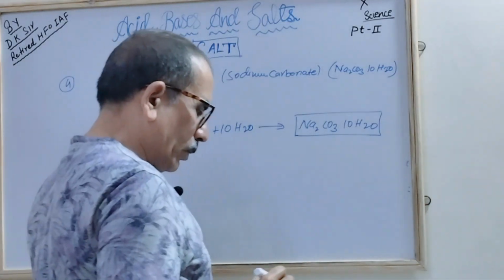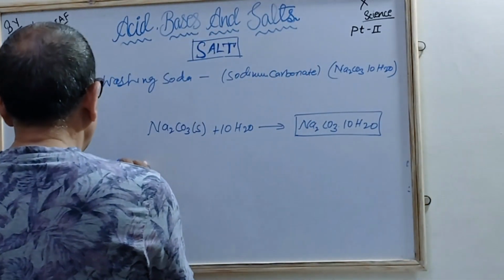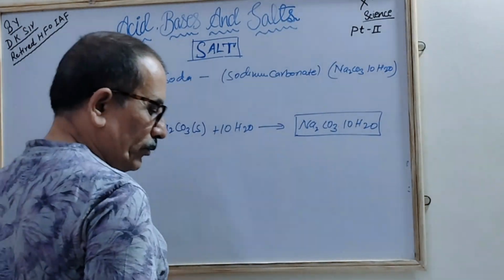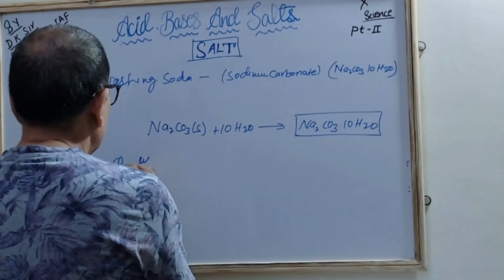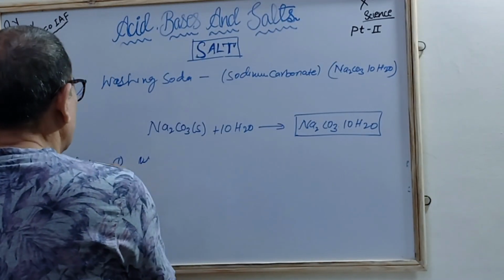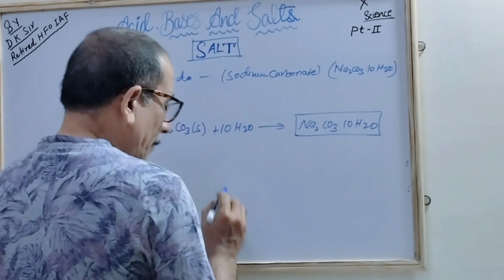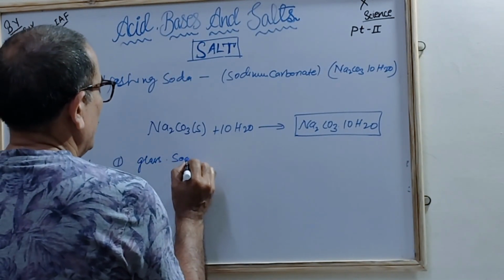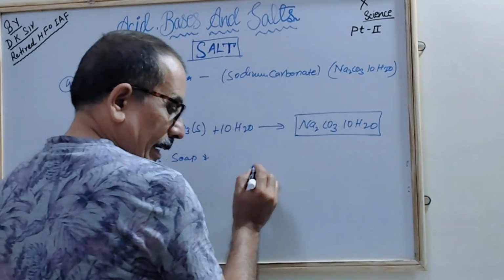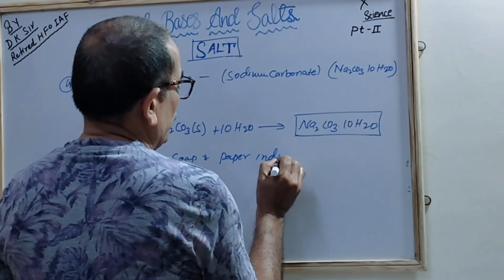Washing soda is used in the glass, soap and paper industry. What are the uses of washing soda? We will find where we are using it. So it is used in the glass, soap and paper industry.